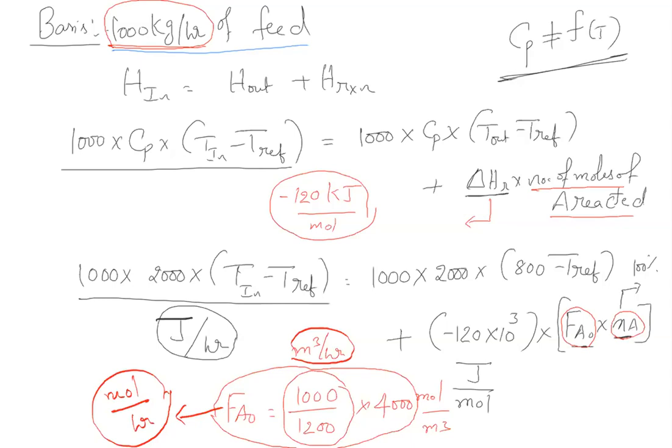Now can somebody check, if I change the basis to, let's say, 10, or let's say 100, or just 1? Take it as 1. Then this is 1, this is 1, this is also 1. Then does your answer change?